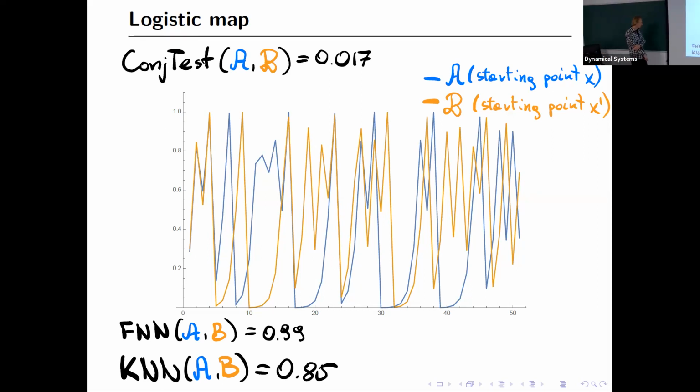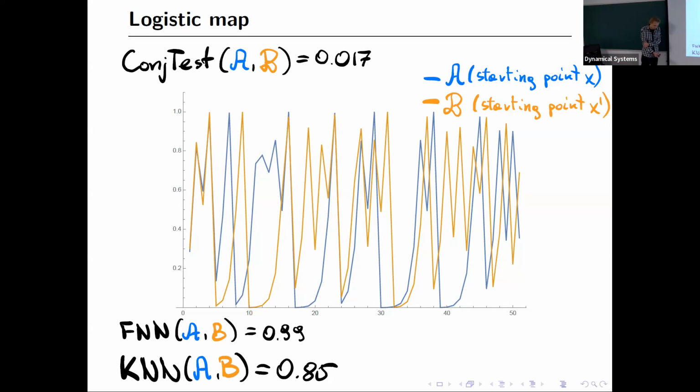So if you want a sort of binary answer, like you test for pure mathematical conjugacy, then FNN and KNN, I think, give a sharp answer. When the system is not conjugate, or when you choose trajectories which are not corresponding, then their values increase.